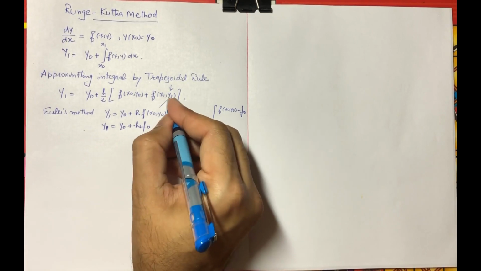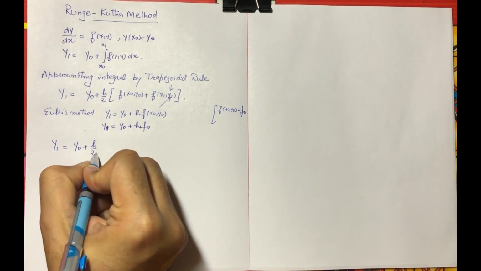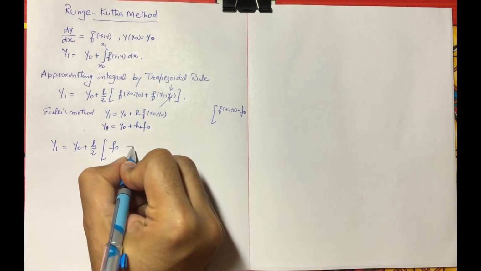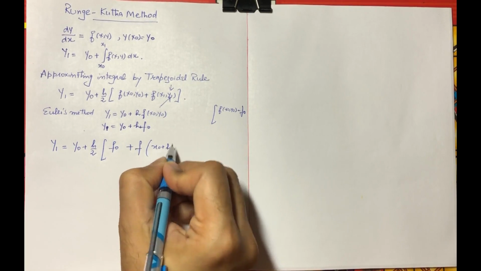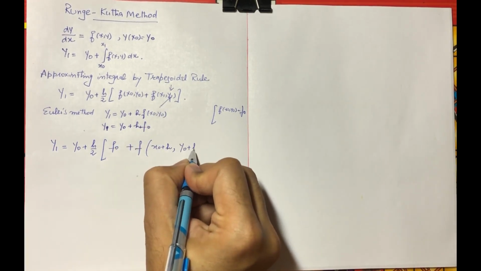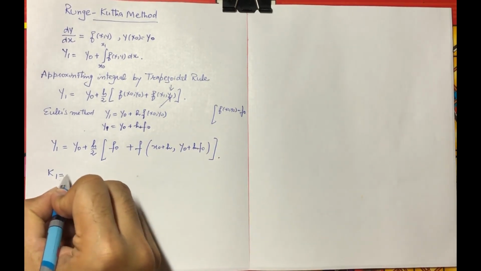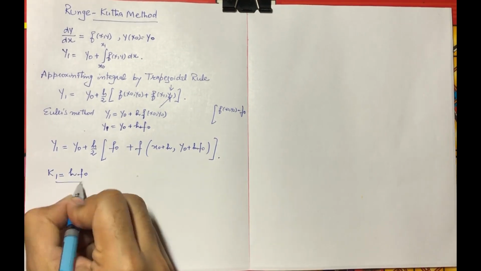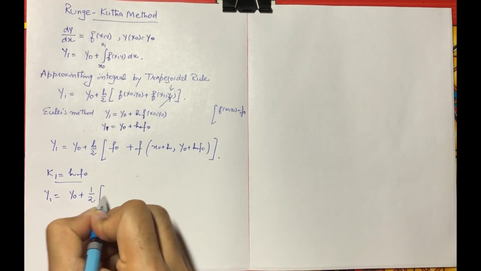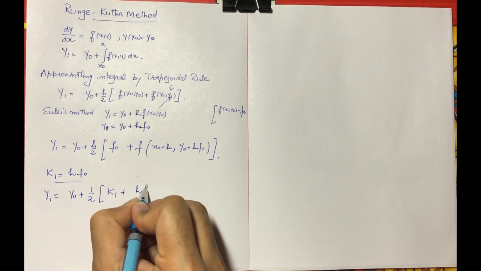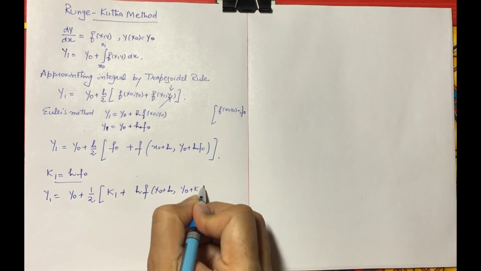Substituting this value here, we get y1 equals y0 plus h by 2 times f0 plus f(x1, y1), where x1 is x0 plus h and y1 is y0 plus h f0. And again we substitute k1 equal to h f0, so it becomes y1 equals y0 plus 1 by 2 k1 plus h f(x0 plus h, y0 plus k1).